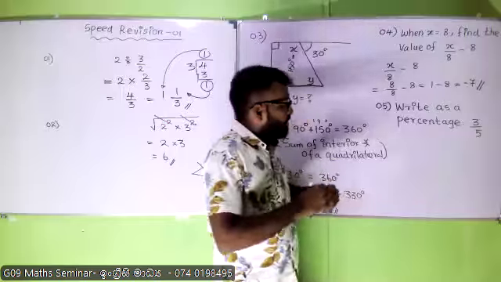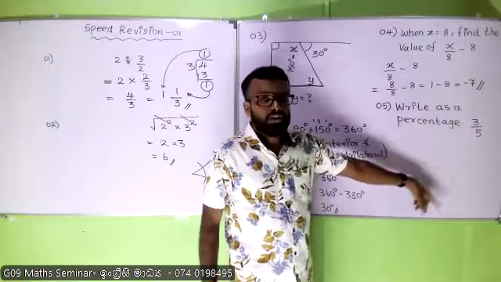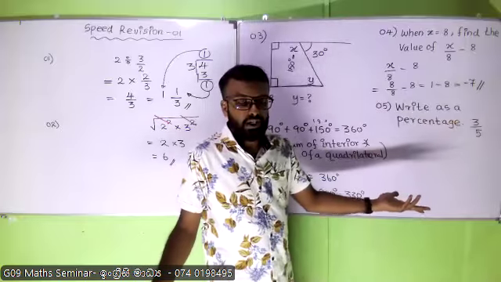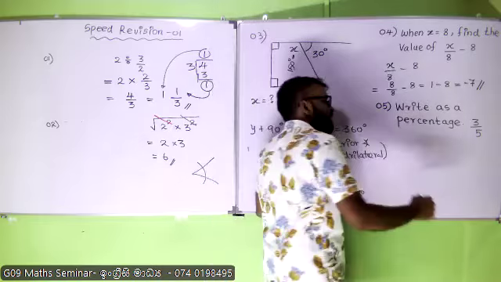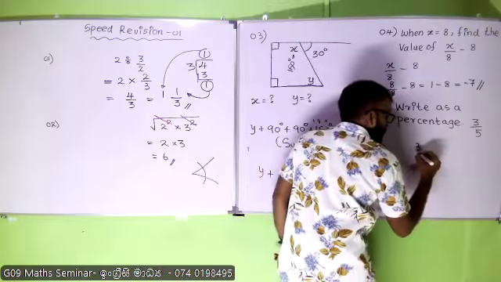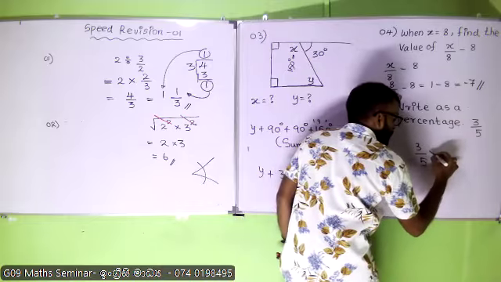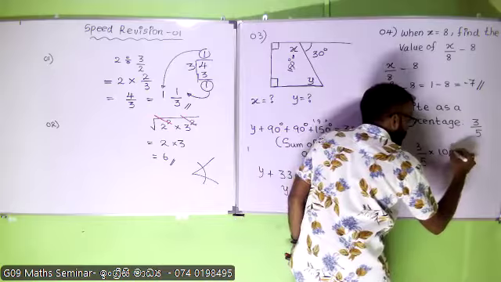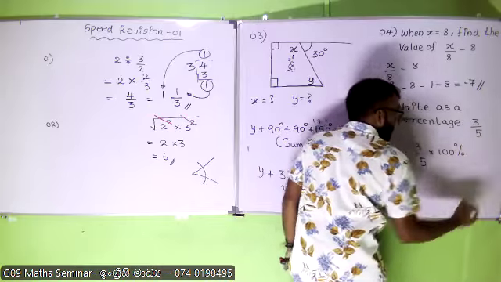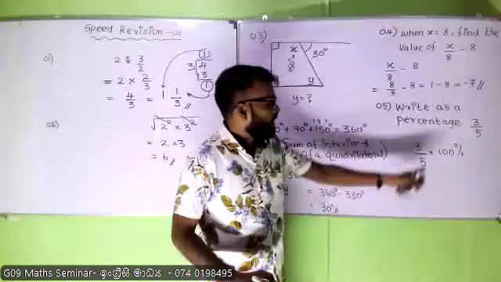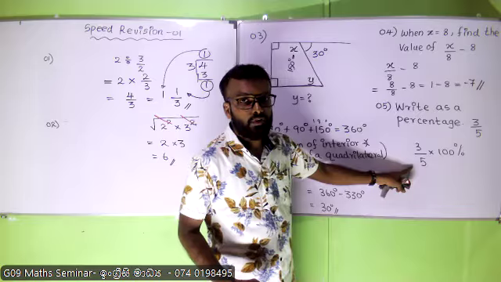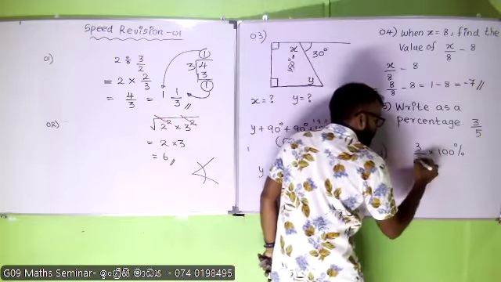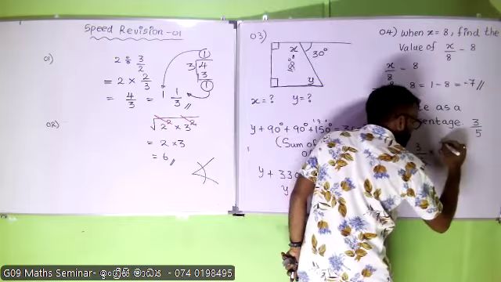Right. Write 3 upon 5 as a percentage. What do you need to do? 3 upon 5, you need to multiply by 100%. So simplify this: 100 in the numerator, denominator 5. 5 times 20 is 100.